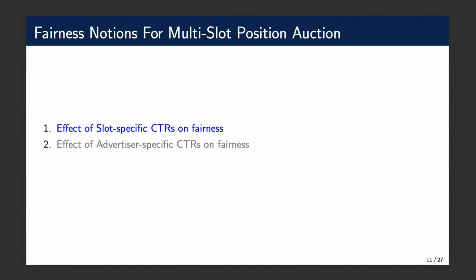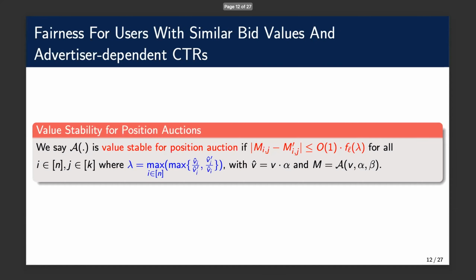And we will see how we use this parameter L in our auction design to get a result like this. Okay, so now that we saw what fairness is for a single slot setting, the generalization that I talked about to the multi-slot setting has two dimensions. It was a slot-specific CTR and an advertiser-specific CTR. So now we want to see the effect of either of these on our extensions of fairness.